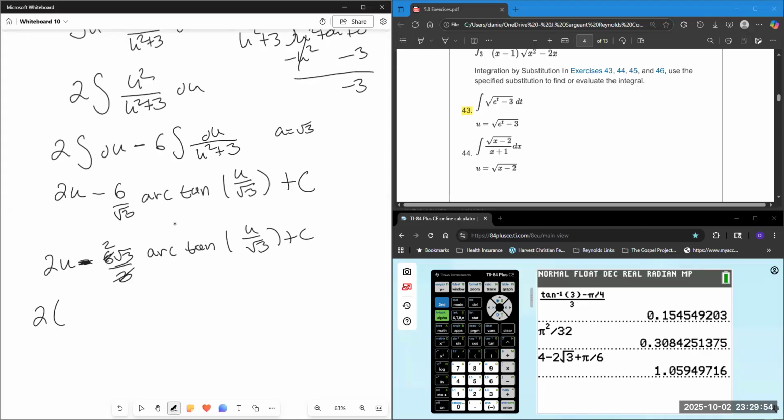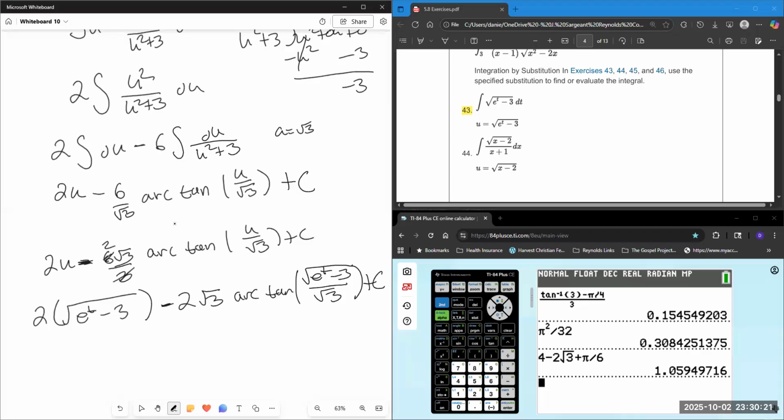Now let's go back to my u. My u was root e to the t minus 3, minus 2 root 3 arctangent of root e to the t minus 3 over root 3 plus c.